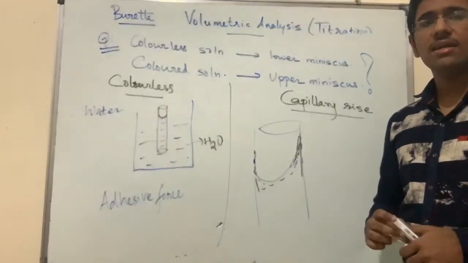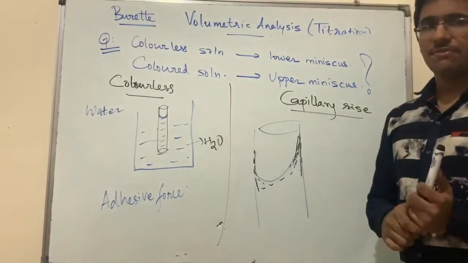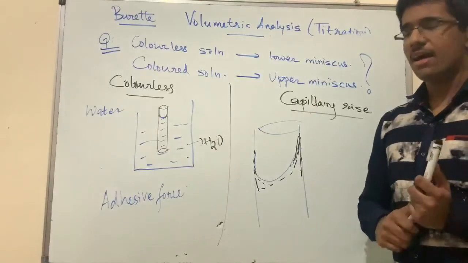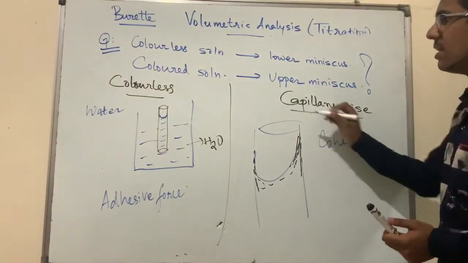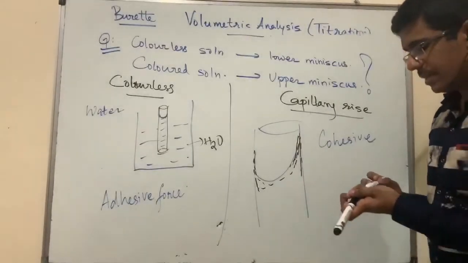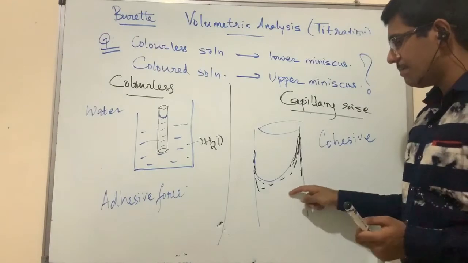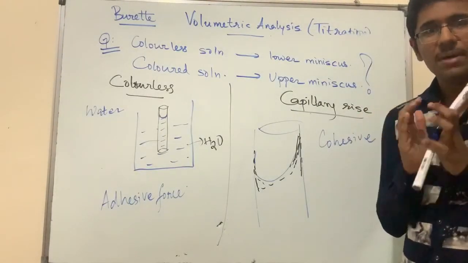But in case of colored solutions like potassium permanganate or mercury, we obtain an upper meniscus, because they have cohesive force. Cohesive force means that instead of forming a lower meniscus, they obtain an upper meniscus. They are attracted to the same particles only.